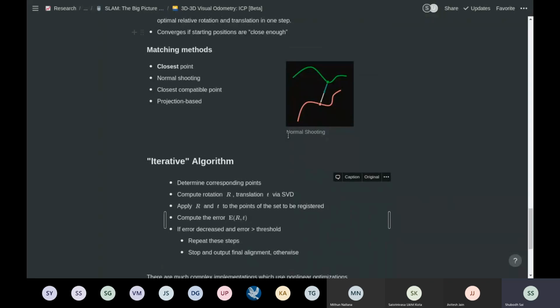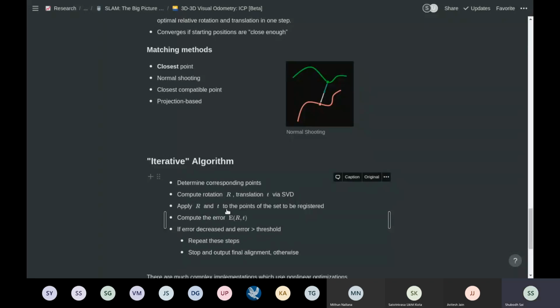So you determine corresponding points using a method like this, and then compute RT via SVD. This particular step is a closed form solution. Starting from your initialization, if you apply the method we discussed above, it is assured to give a better RT, so you're going closer to your solution.